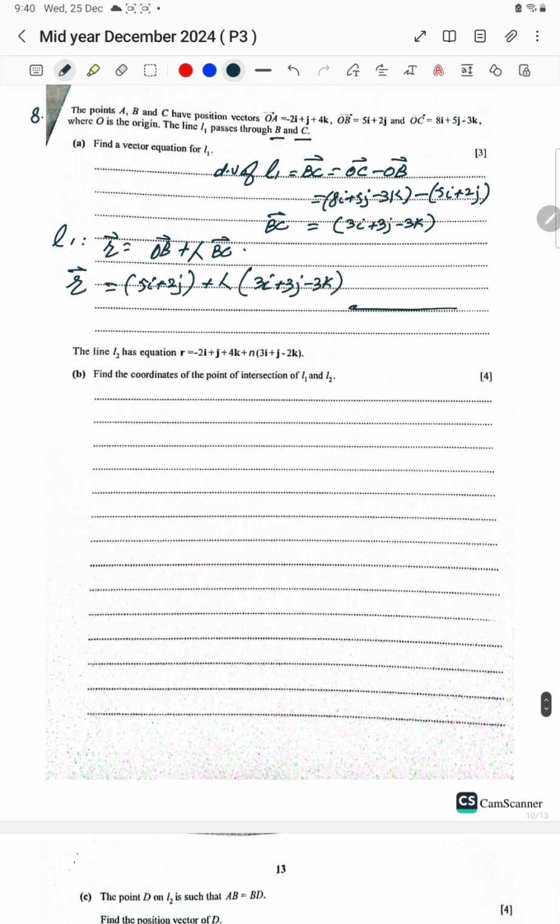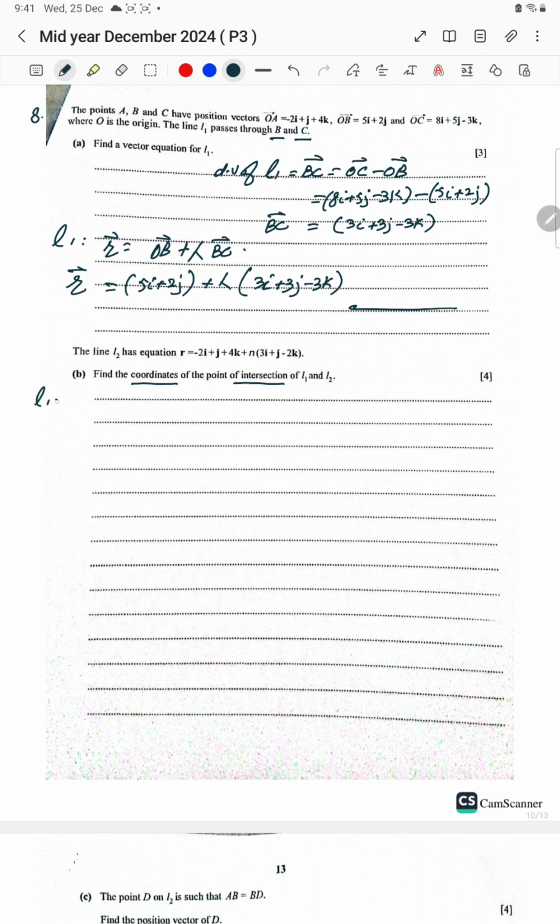Next, part B says the line L2 has this equation. Find the coordinates of the point of intersection of line 1 and line 2. In the vector video I explained that whenever we are given two lines and have to find their point of intersection, we first write both lines in parametric form.